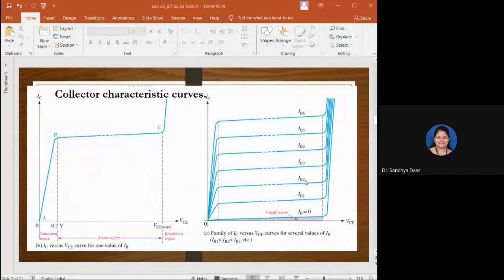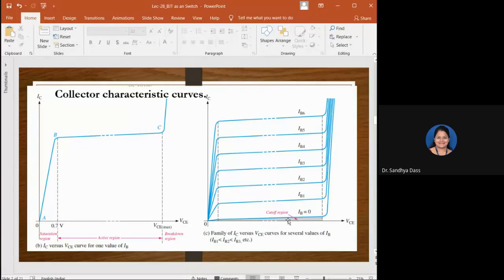For different values of base current, there is that leakage current, ICEO, which I mentioned is very negligible, almost neglected. In the graph, it is shown in an exaggerated way, so that you understand that even when there is no base current, there is no collector current, but there will be leakage current.